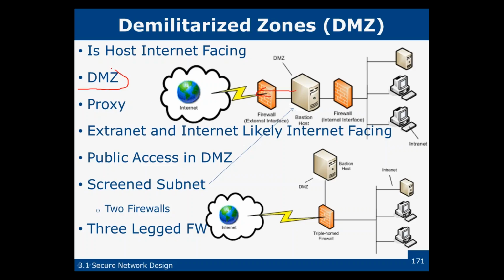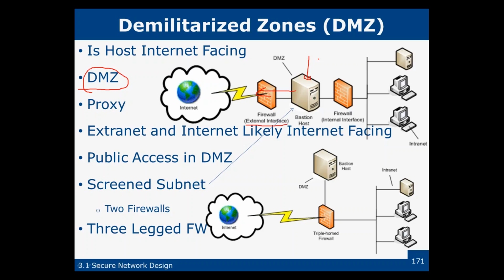The DMZ is an area where we typically have some filtering, and this one we're using a firewall. We could use a firewall or we could use a filter router, either one. A bastion host here in the DMZ is a server that's sitting out here for some particular service. It could be a web server. It could be a proxy server, for instance.